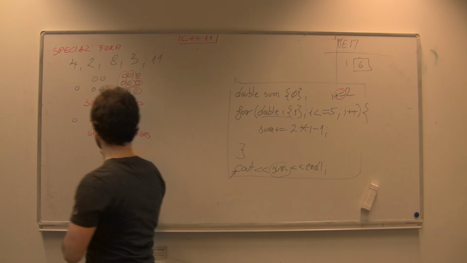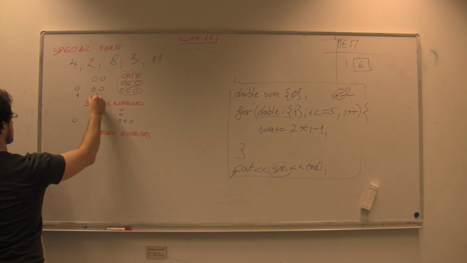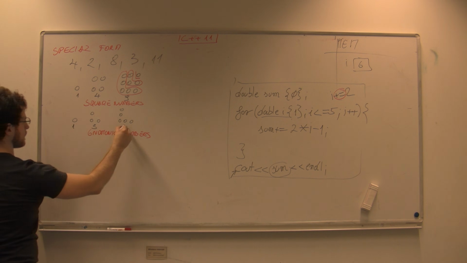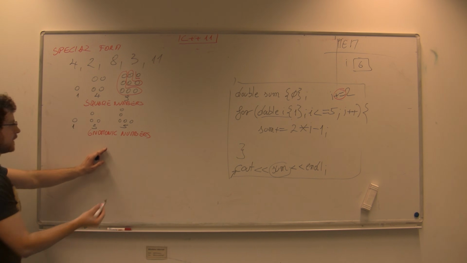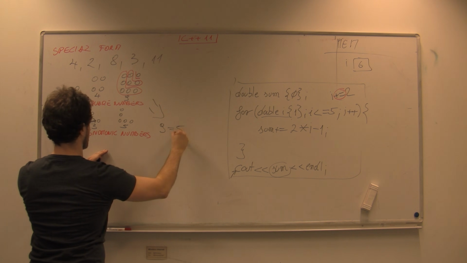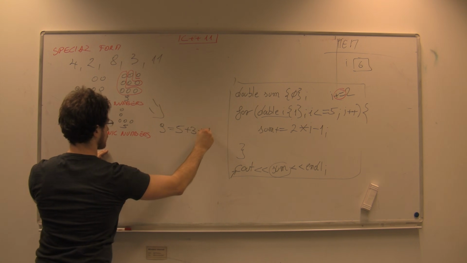Because these numbers, this is the number 1, the number 4, the number 9, and this is the number 1, 3, and 5. So the number 9, by implication, can be expressed as 5 plus 3 plus 1.